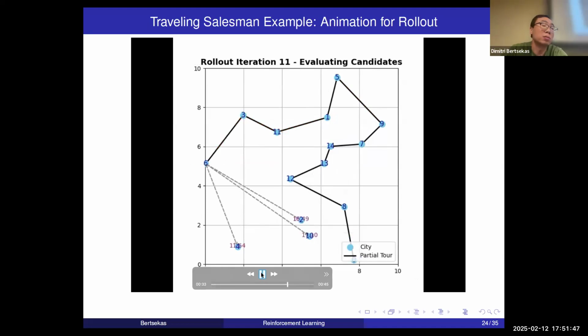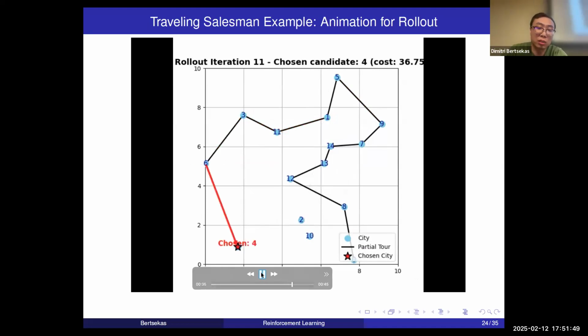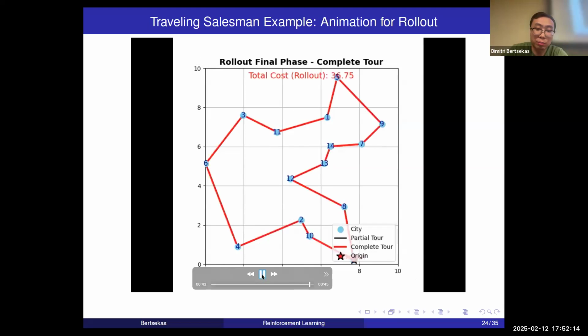So the amount of calculation required in the initial phase of rollout and the end phase of rollout is different. We will see later that there are variants of rollout that deal with the initial phase computational challenges. Okay, so at this point, the tour is complete.